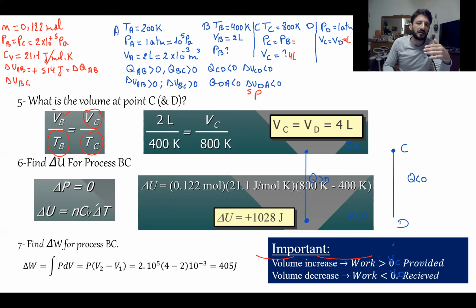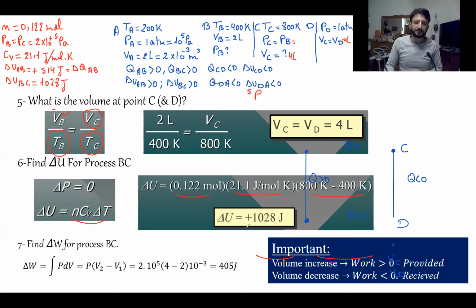Anyway, in all processes, whether T constant, V constant, or P constant, we must have delta U equals n Cv delta T. As we have Cv, we can apply directly delta U equals n Cv delta T. We have the values of n, Cv, and delta T equals T final, TC, minus TB. As we have a heating, delta U must be positive. So delta U BC equals 1028 joule.